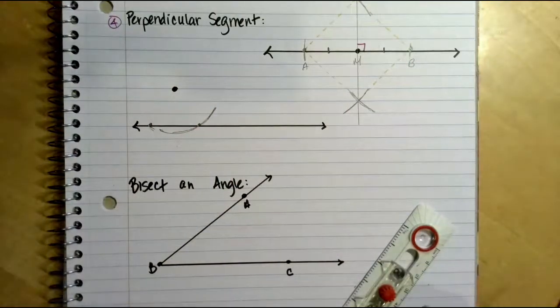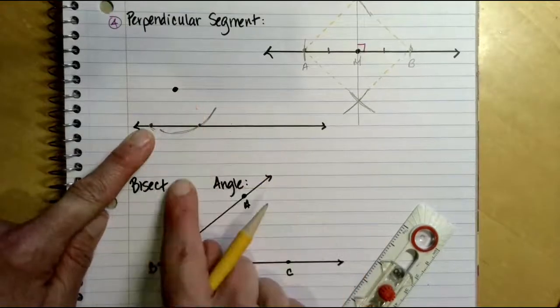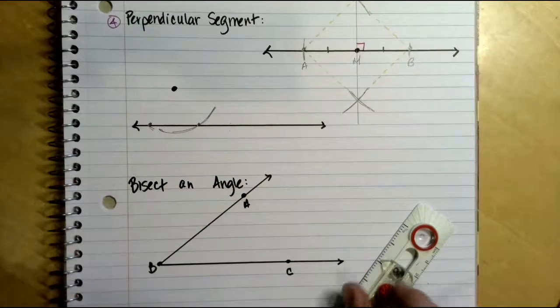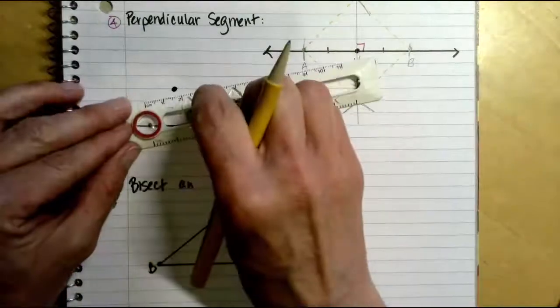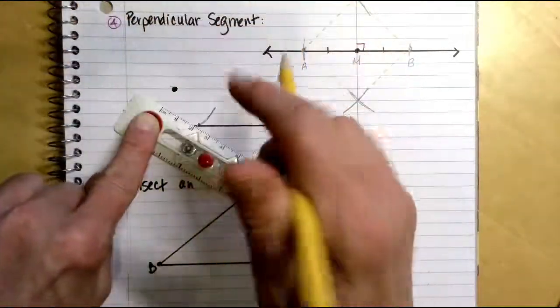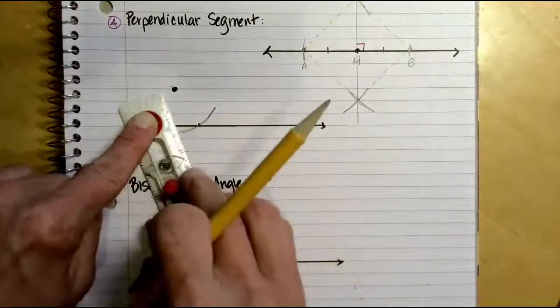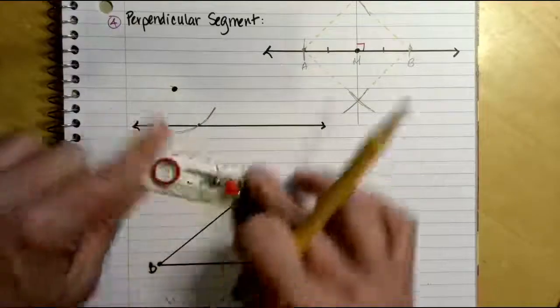All right. So what I have here is this line here and this point here are going to give me my segment that I'm going to then perpendicularly bisect. So since I know this distance up here, I can go ahead and swing my arc down because I need to find my lower point to draw.